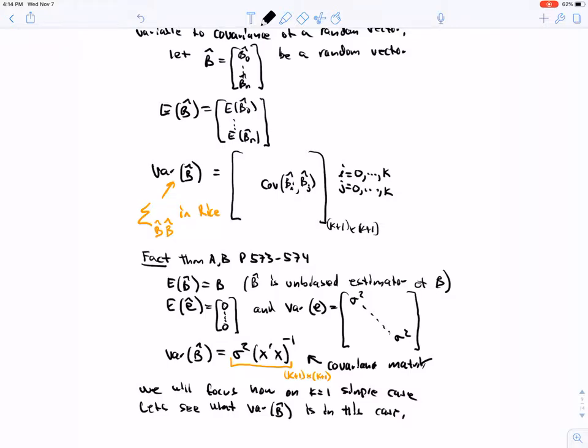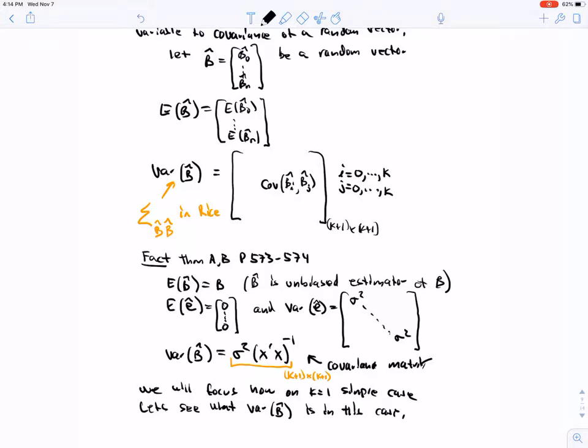Then a big important theorem is theorem A and B on page 573, which tells us that the expectation of beta hat is beta. In other words, beta hat is an unbiased estimator of beta, and the expectation of the residual is 0, and the variance of the residual is the diagonal matrix sigma squared.